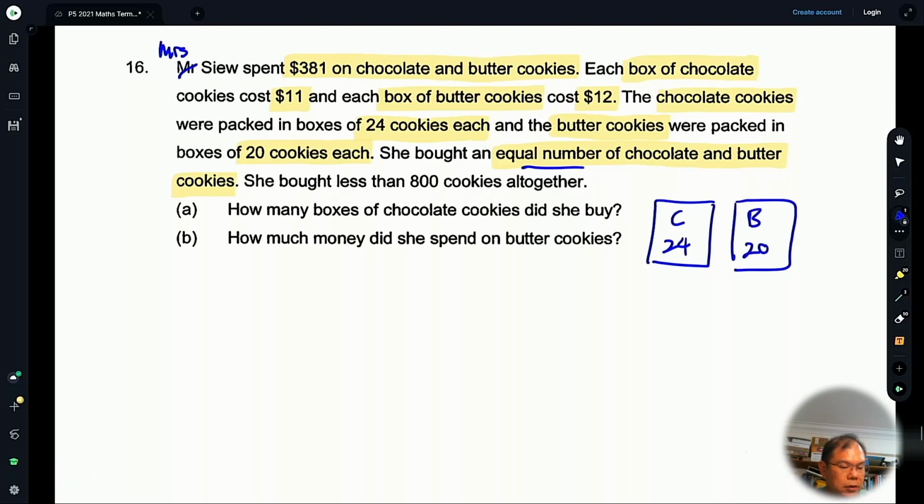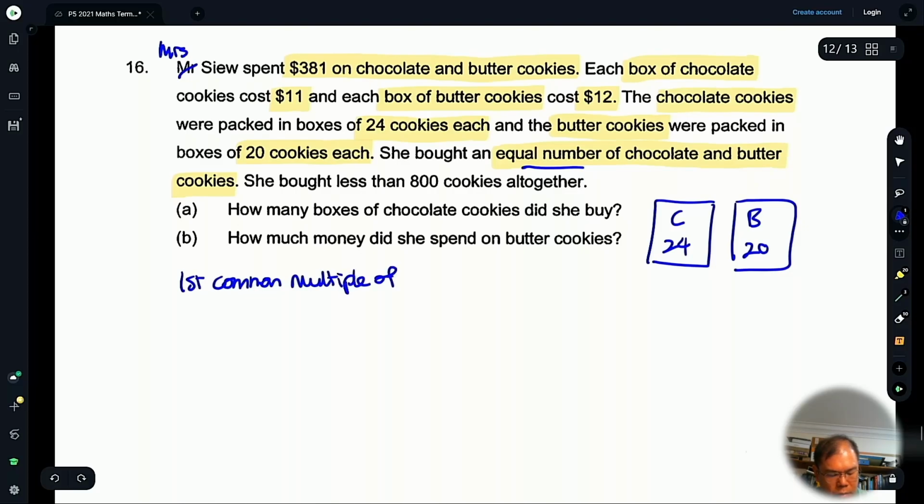So it is not that she bought an equal number of boxes, no, she bought an equal number of cookies. So I've got to find a common multiple of 24 and 20, right?